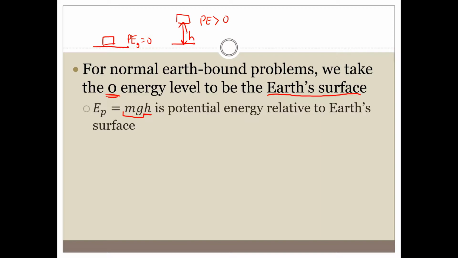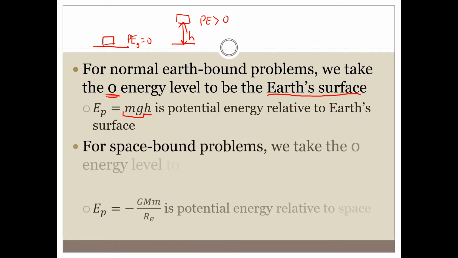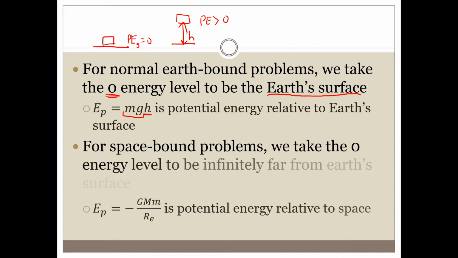Now, for space-based problems, we actually kind of turn this problem on its head. We kind of reverse it. So for space-based problems, we actually take our zero energy level to be infinitely far from the Earth's surface. Part of the reason for this is because of how the force of gravity is calculated in larger space-based problems.